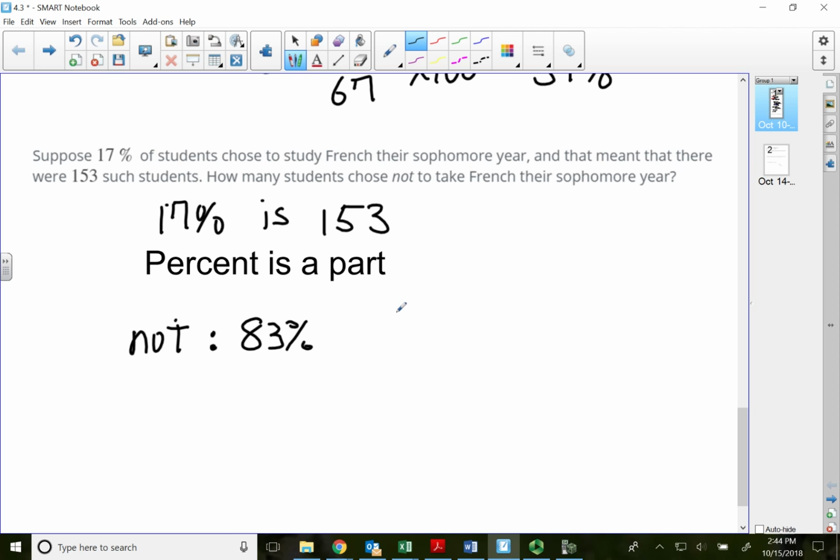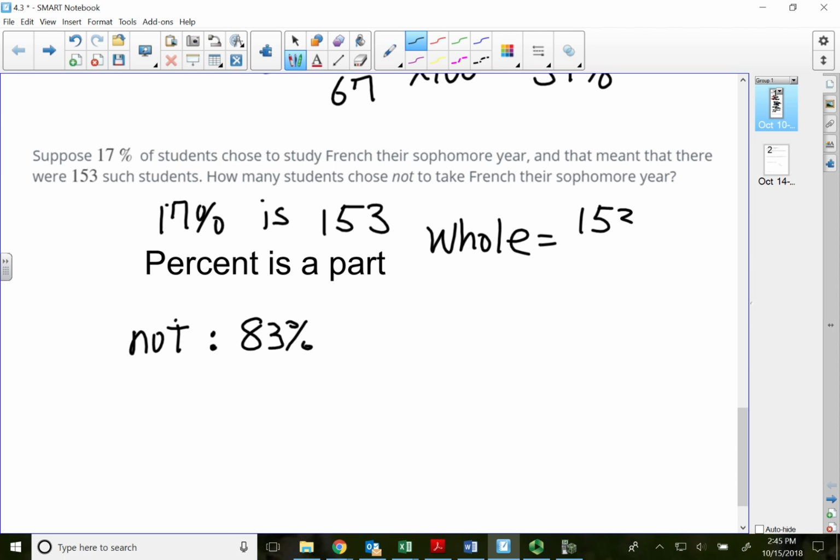There are two things going on. I know 83% doesn't. Okay, 17% is 153. I need to know the total number of students that are actually in the sophomore year. So if my 153 is a part of the 17, and 17 is my percent, that means what I'm missing is the whole, and this whole represents the total number of students in sophomore year.